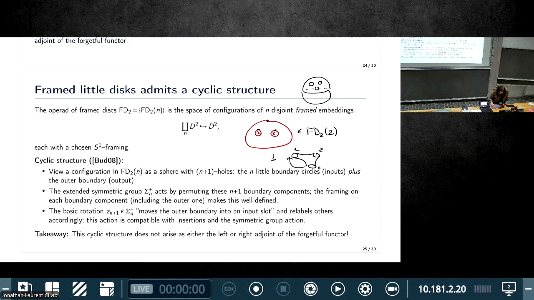So now my boundary disk becomes like the upper part of the sphere. I take my disk with my embedded disks, and I map it into a sphere with some disks in the northern hemisphere. And then he does a stereographic projection down. So he goes back. There's the standard model of the framed disks, you can map it to surfaces, and then you go back by projection.